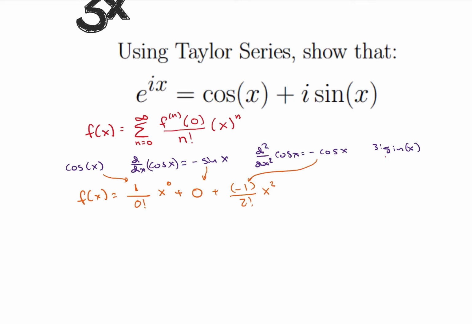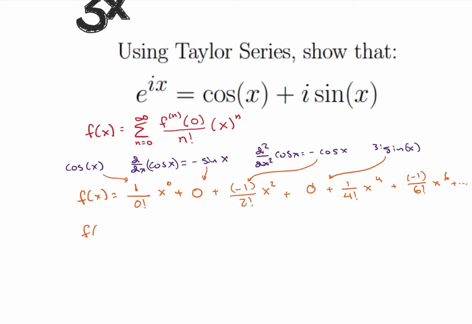If I look at the next term, I'm going to get plus 0 because it's sine. Then I'll go back to the first function, and I'll end up getting plus 1 over 4 factorial times x to the 4th. Then it'll be plus negative 1 over 6 factorial times x to the 6th, and so on. We can see that we've developed a pattern now.